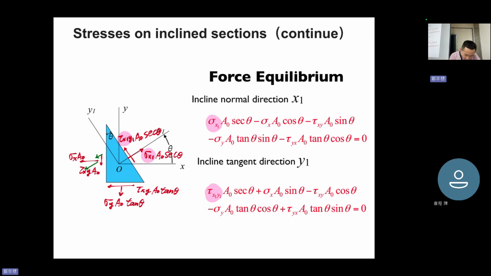Okay, and there are four terms. Okay, green one and purple one. Purple one is going up along the y direction.